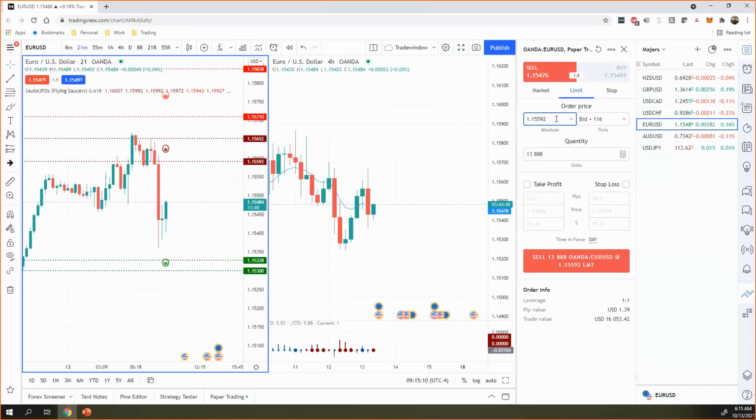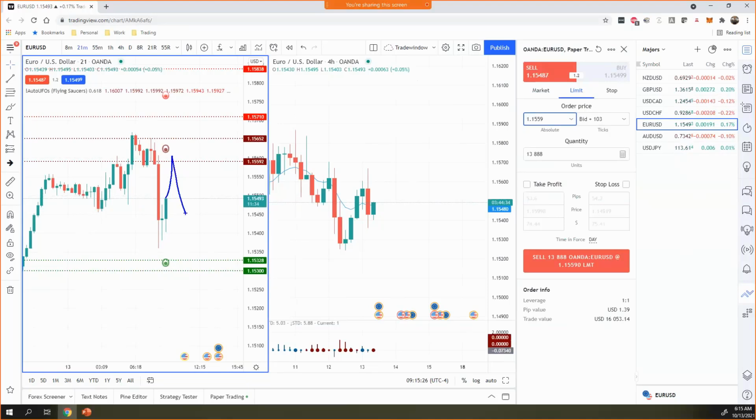What we're actually going to do is round it down, right? Because obviously there's always a bit of a spread here. You're seeing this 1.4. That's the spread between the bid and the ask. I definitely don't want, because it has happened to me so many times, price touches inside the UFO, it doesn't fill me because of the spread, and then collapses, and I'm sitting here thinking, what the heck happened?